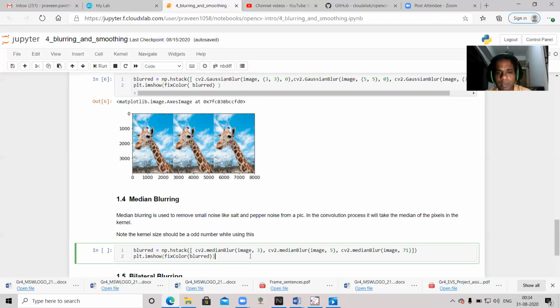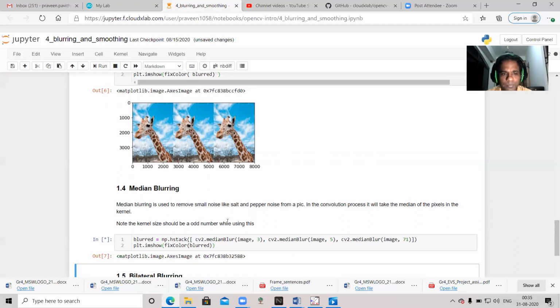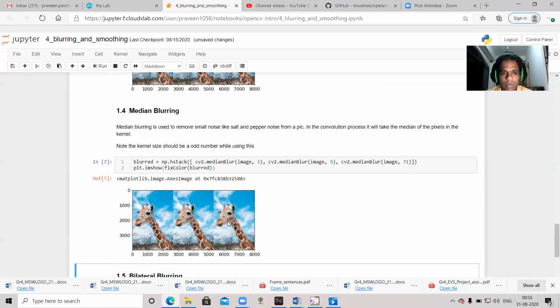In median blurring, you specify the kernel by just one number. It's always a square, never a rectangle. Here I use 3, 5 and 71 by 71, and we can see how it looks on the same picture.